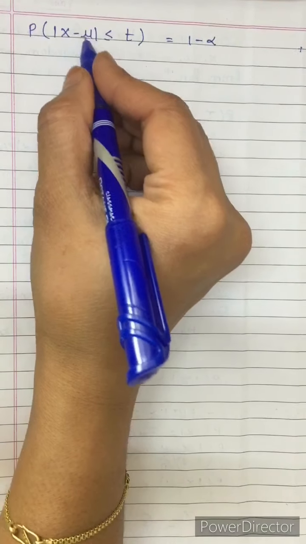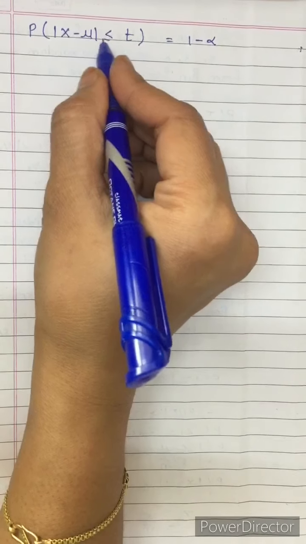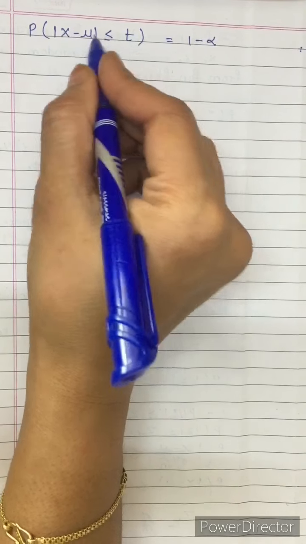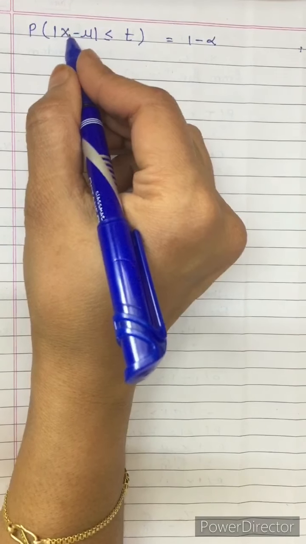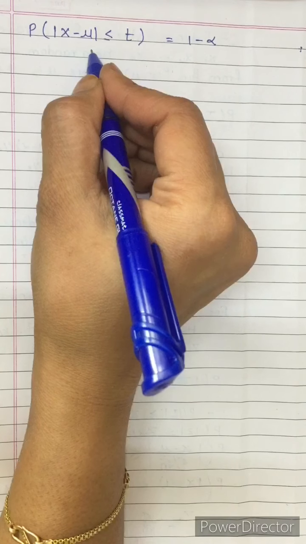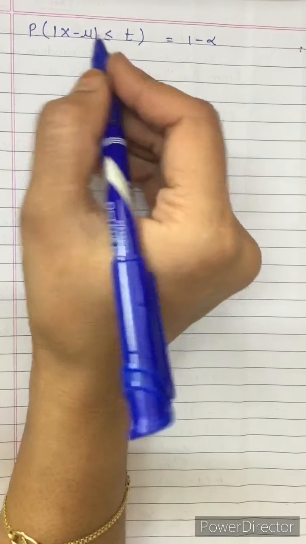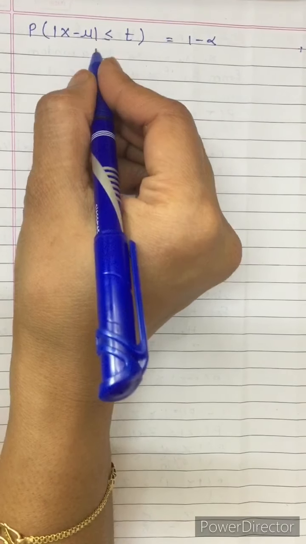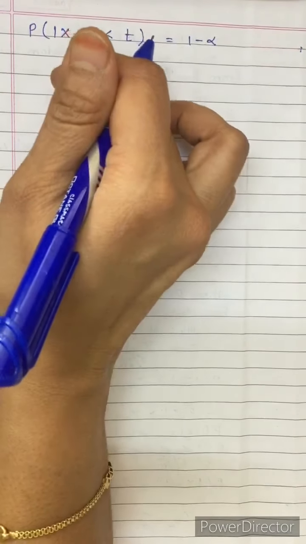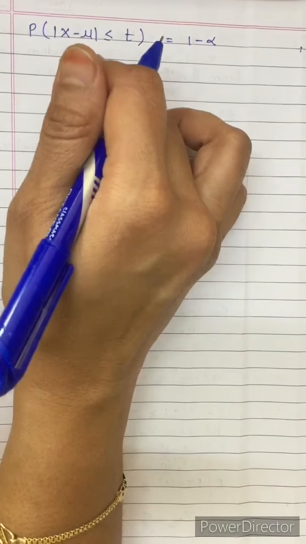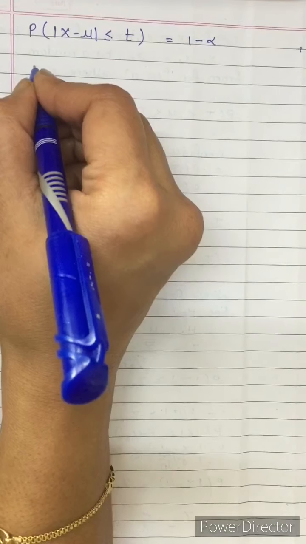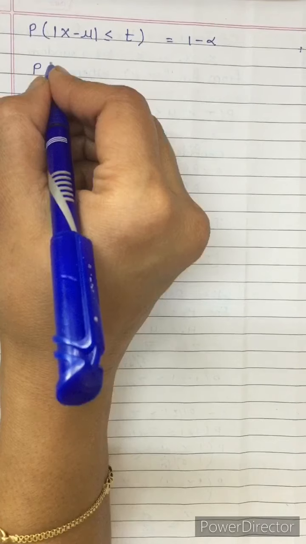We need the limit for mu, therefore we take mu in the middle term and t on the other side with x, and we take out this mod. When we take out this mod, we have two values, positive and negative. When we have mod, it means there are two values but we consider only positive value. But now when we remove this mod sign, we will have two values, positive and negative.